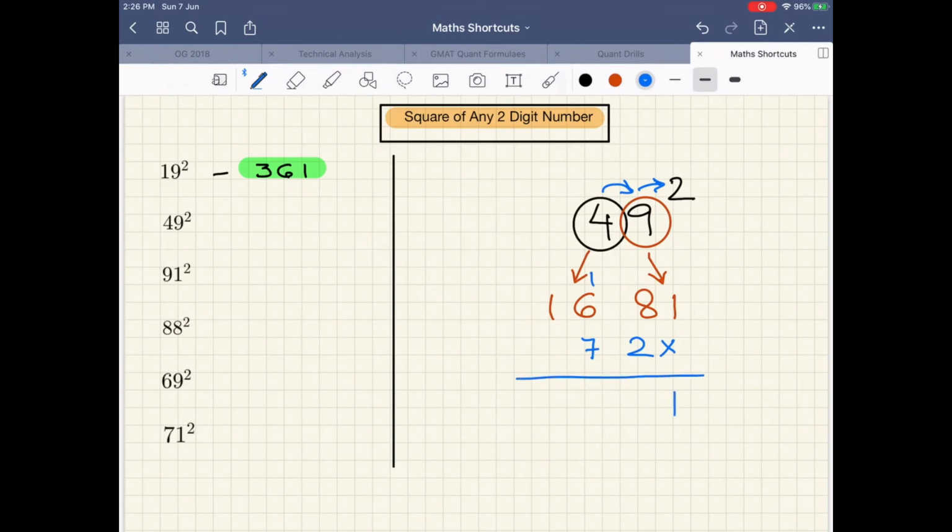So 1, 10, this is 14, 2. So the answer is 2401.